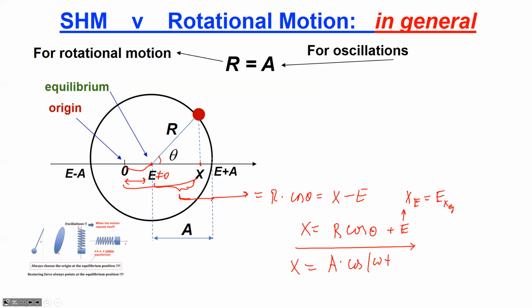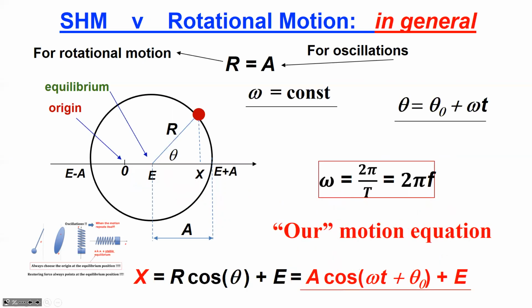And this is how the argument of cosine changes. But now this constant shifts the x coordinate. That is why usually we set it to 0. This is the general motion equation for simple harmonic motion.